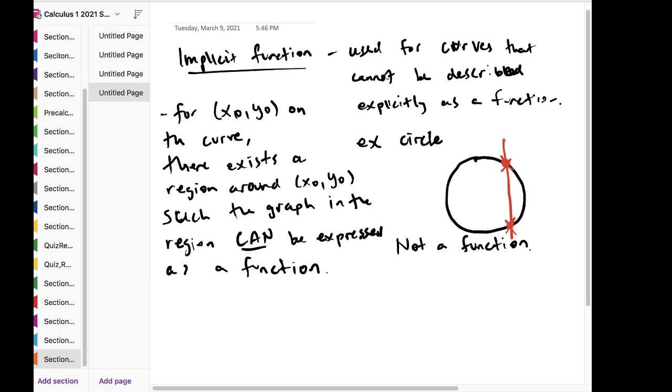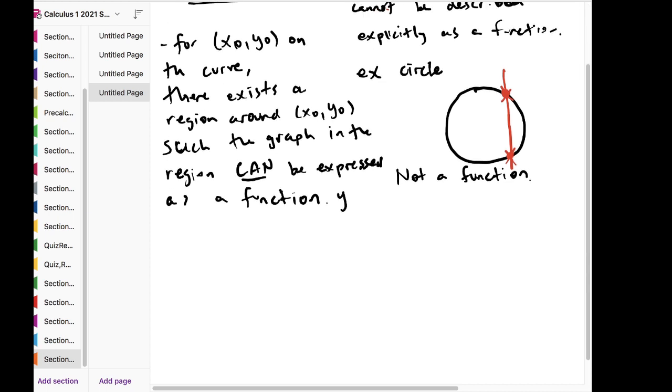Okay, so what does this mean? y equals f of x. So what does this mean in the circle?